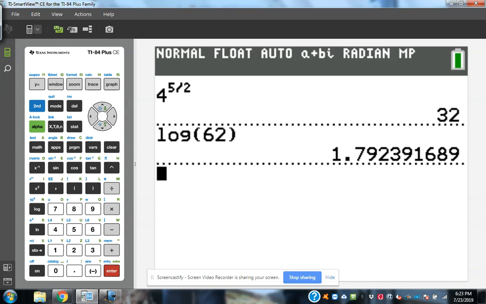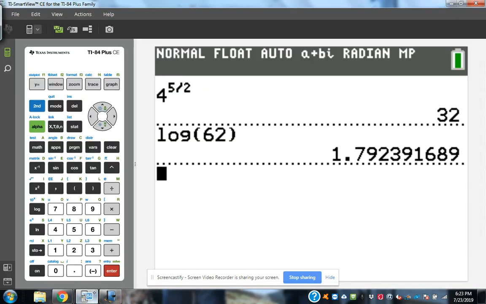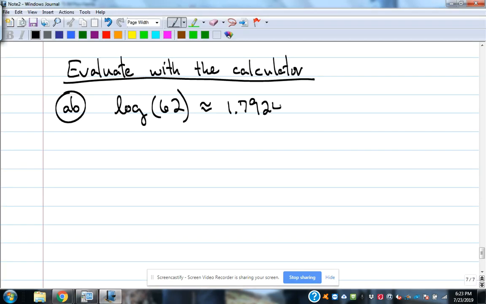I'm going to go 4 decimal places here because that's common for this particular textbook, and your quizzes, I think, go 4 decimal places as well. So that's about, I'm putting the approximation instead of an equal sign, 1.7924.